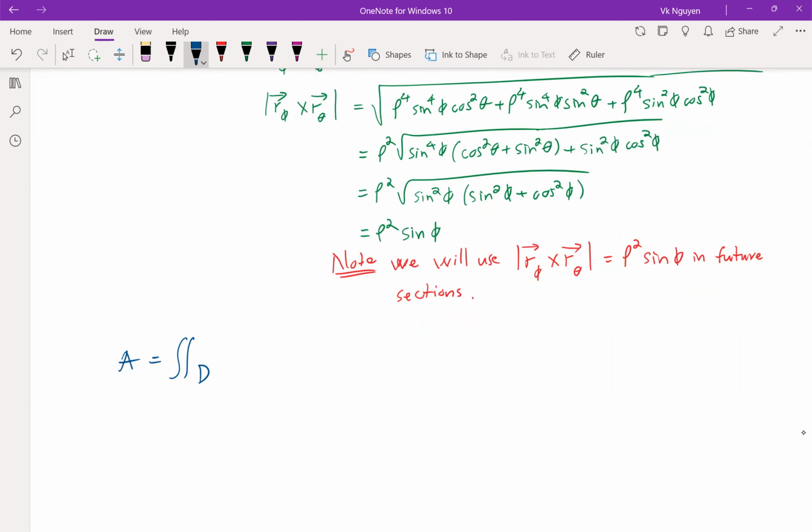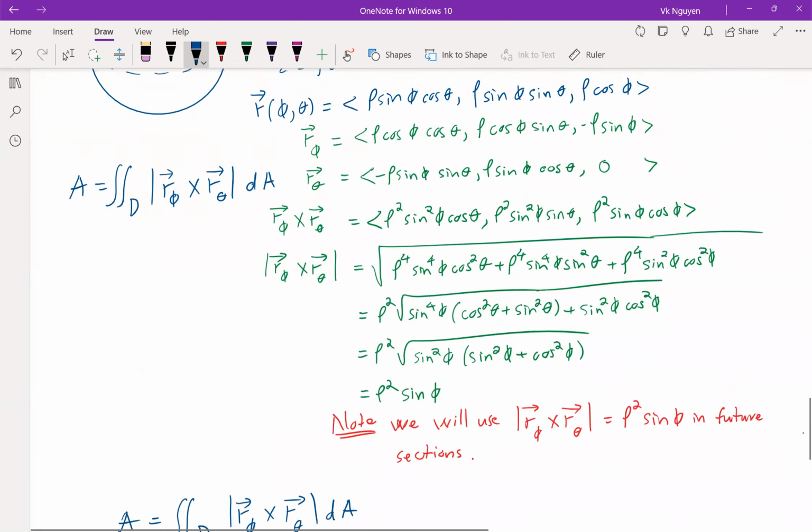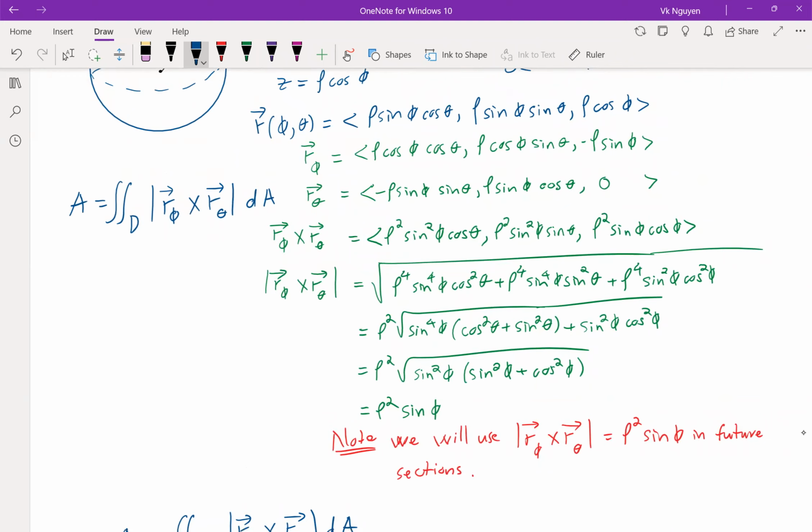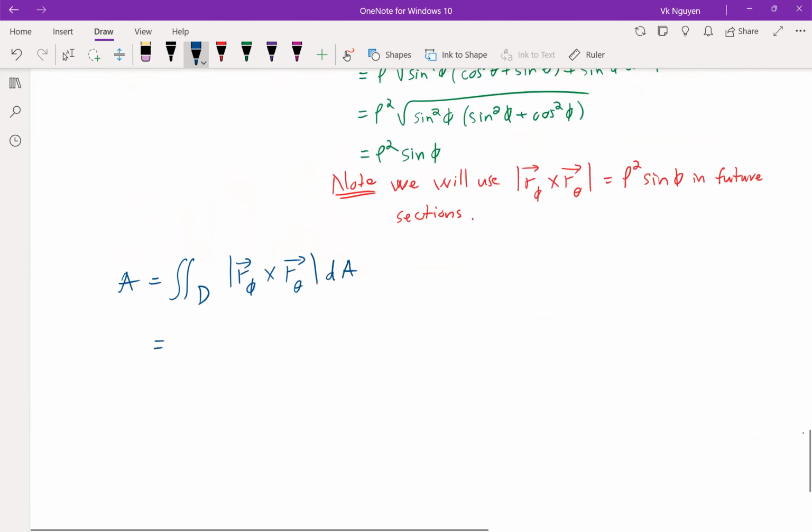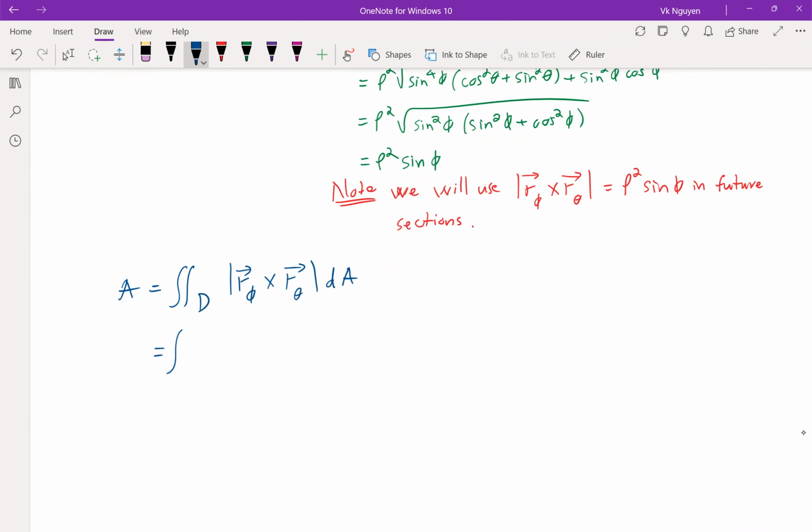Double integral over the region D of the magnitude of r_phi cross r_theta dA. Remember, you don't turn the dA into spherical coordinates, right? Because we already parameterized the surface, it's already in spherical coordinates. So the dA here would just be d phi d theta or d theta d phi, depending on how you set this thing up.